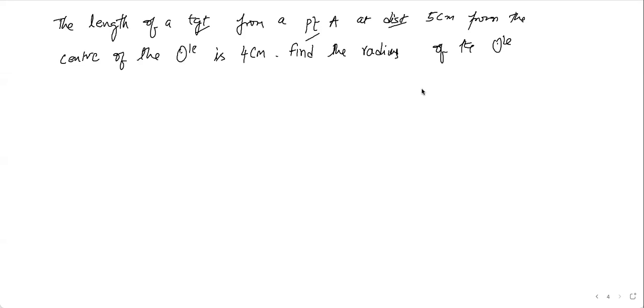Now let us solve this problem. So here AB is the tangent that is drawn on the circle from point A, and so the radius OB will be perpendicular.